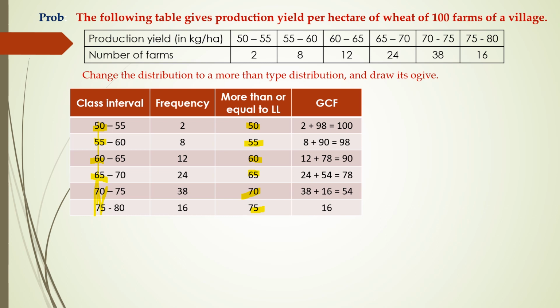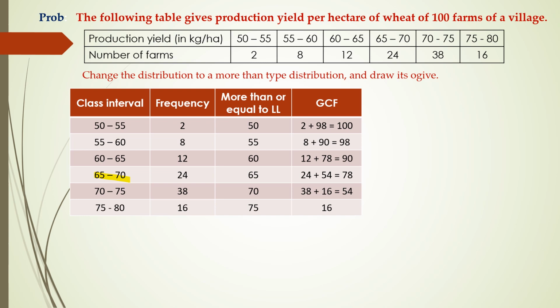Now let's prepare the greater than cumulative frequency for all the classes. The greater than cumulative frequency of any class is equal to the sum of its frequency and the frequencies of all its subsequent or succeeding classes. For example, let me take the class 65-70 and find its greater than cumulative frequency.